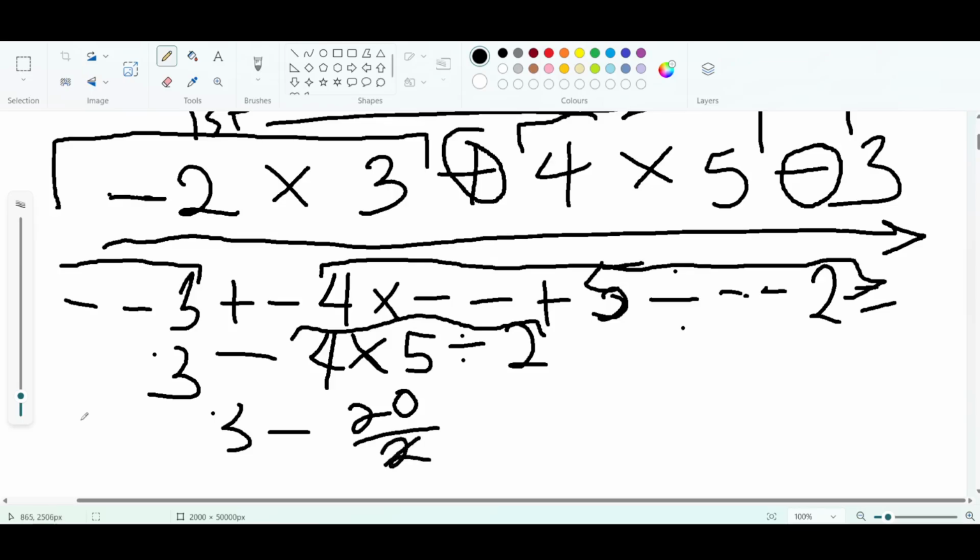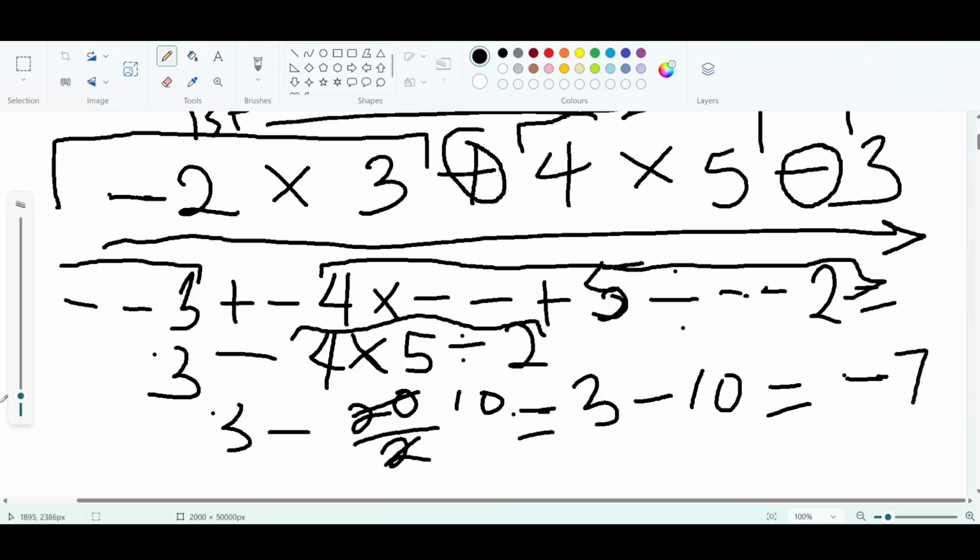So 20 over 2, that is 10, right? So this expression is now equal to 3 minus 10. And 3 minus 10 is what? Minus 7, right? So minus 7. So this is the final answer.